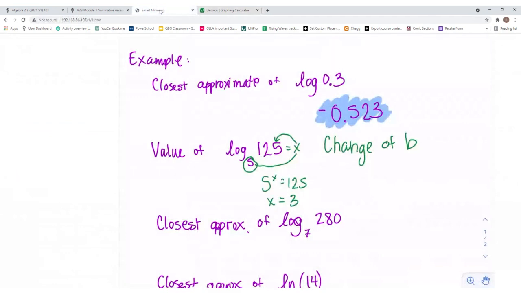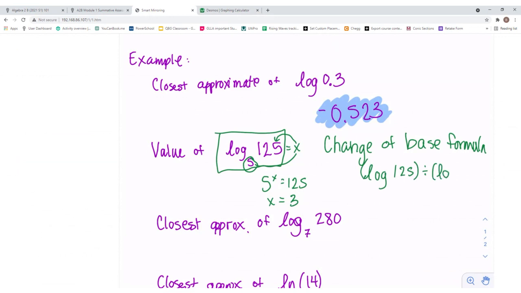So the change of base formula. In the other video, we talked about how the base is always the lower thing, and it follows that same rule. If I wanted to type into my calculator log base 5 of 125, I would do log of 125 in parentheses divided by log of the base.